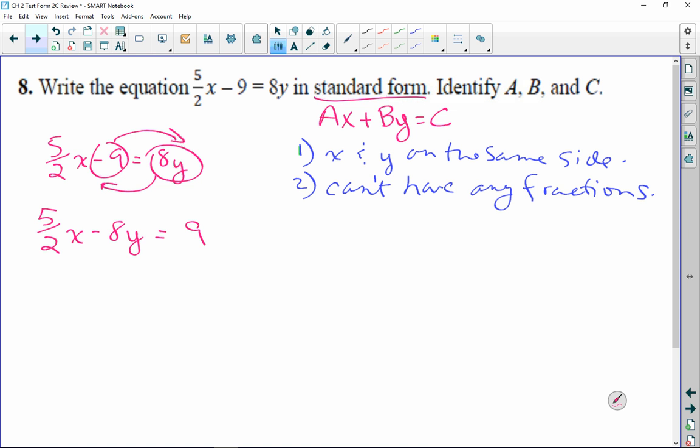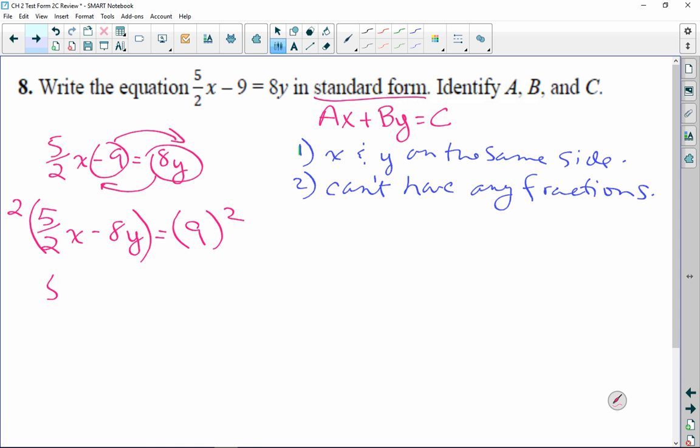Okay, now, what's my next step? I can't have any what? Fraction. So how do I get rid of the fraction? Multiply by 2. Good. And understand that these two are tied together, aren't they? So I have to multiply the whole thing by 2. If I do something to the left side, the rule is I've got to do it to the right side also.